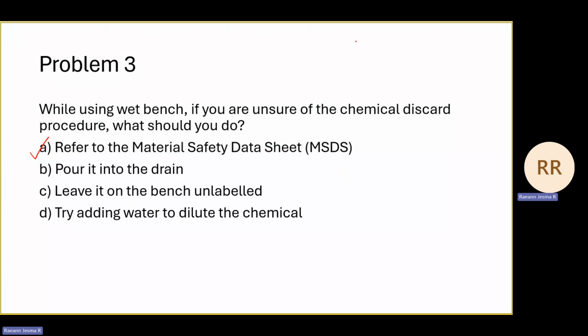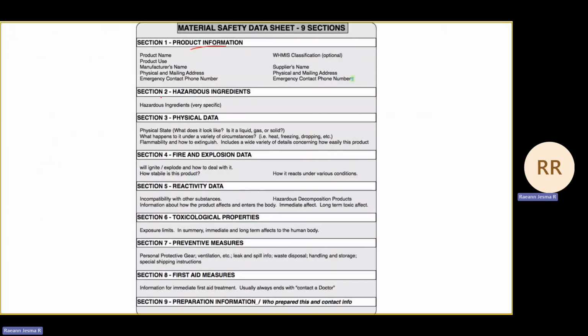Then it also contains information regarding the hazardous ingredients that may be present in that product, and the physical data, fire and explosion data, reactivity data, toxicological properties, preventive measures, first aid measures, preparation information, and so on. So these are all the things that are generally present in any hazardous or non-hazardous material data sheet.